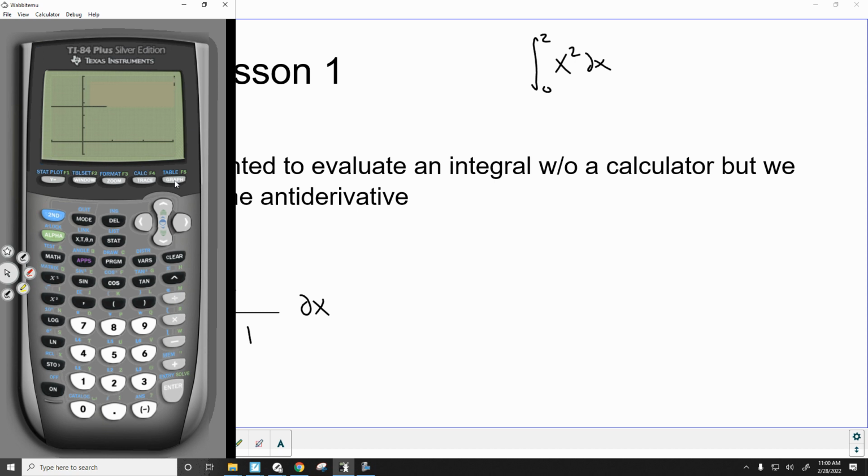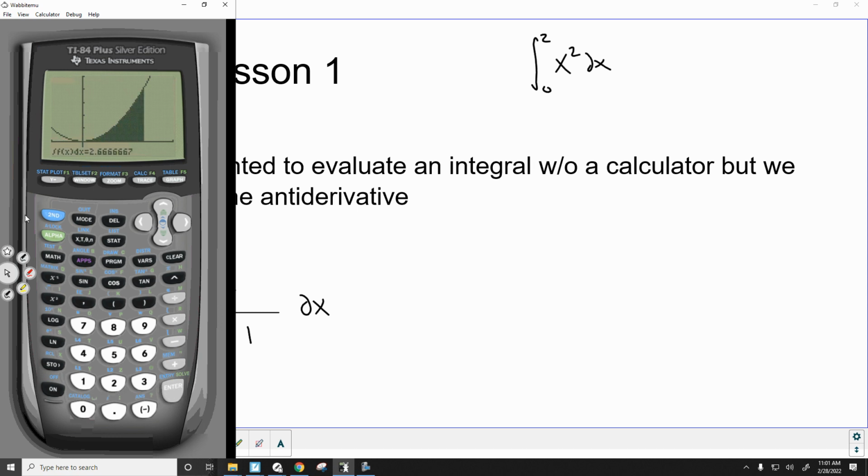And if you use different x values, it would change, and it's going to take forever. So you don't do that. You should say, hey, graph x squared and get the accumulation of it from 0 to 2. All right, we get this 2.667.